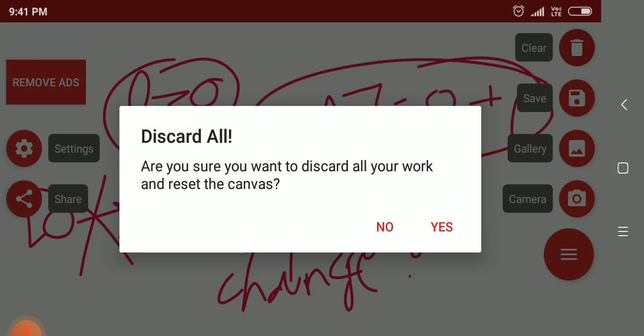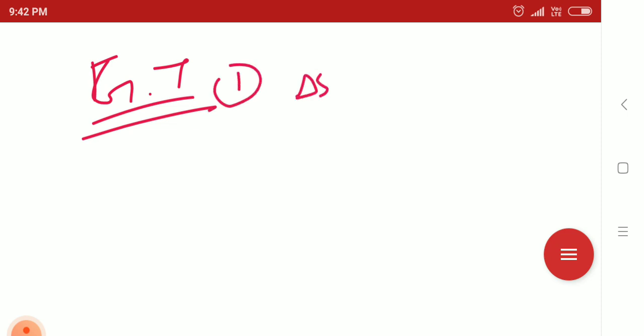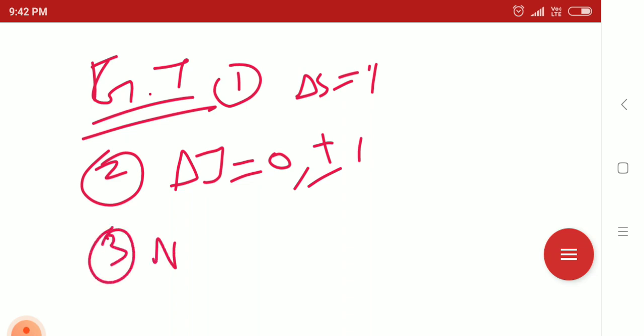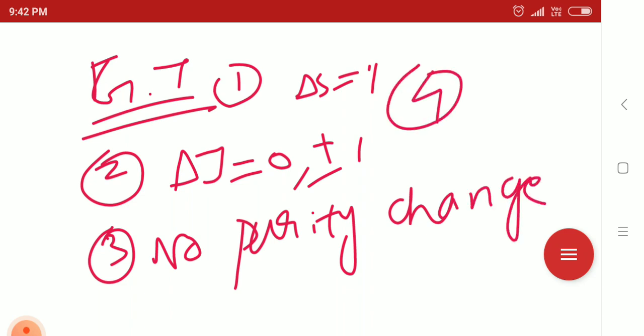So we can summarize that here delta S equals 1, delta J equals 0, plus or minus 1, no parity change, and last but not least, 0 to 0 transition is not possible here, not allowed.